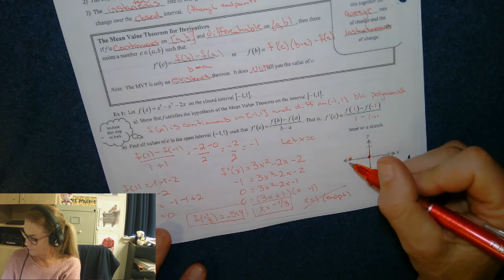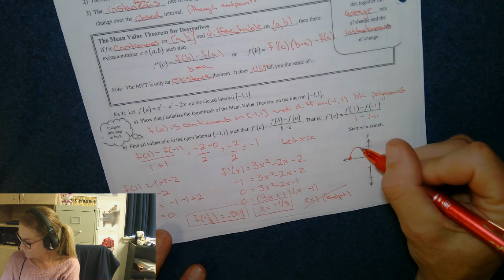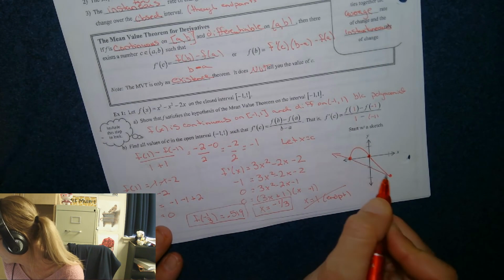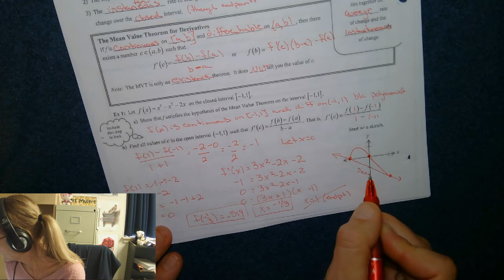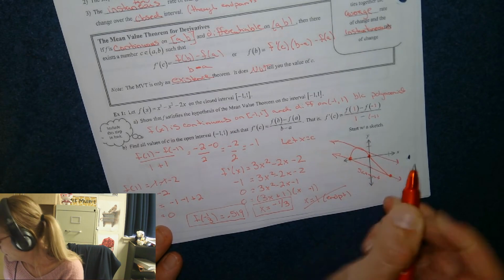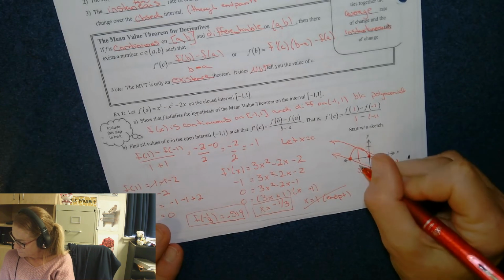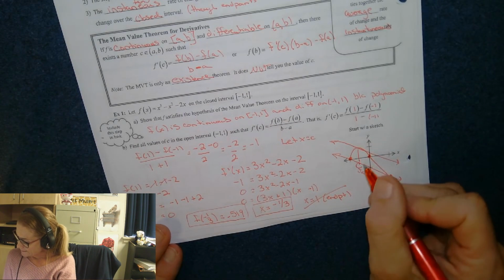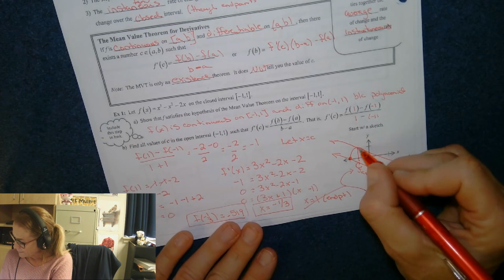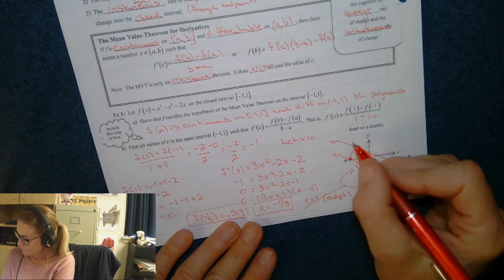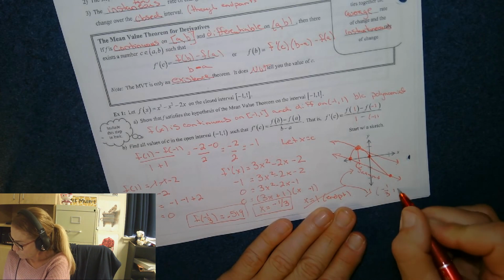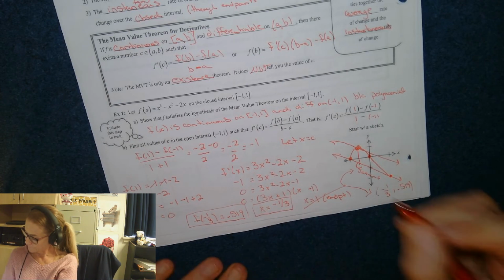It's just doing something like this. And so here's the secant. And then this is the tangent, the parallel tangent. And this c value here is where it's happening, and that c value point is right here. That point is negative 1/3, 0.519, right here.